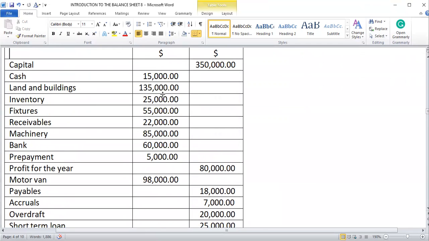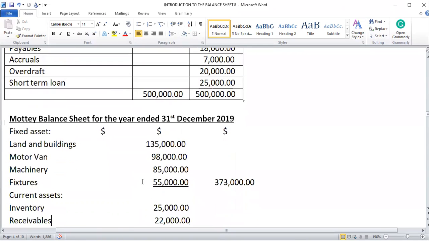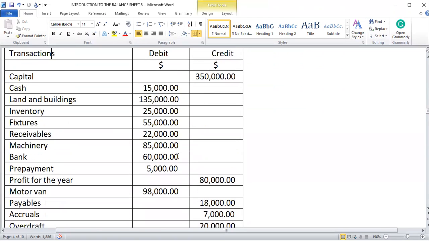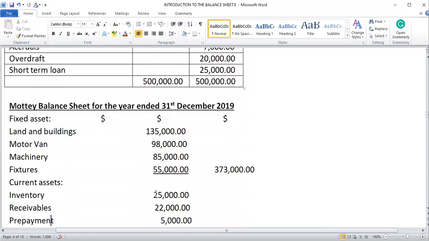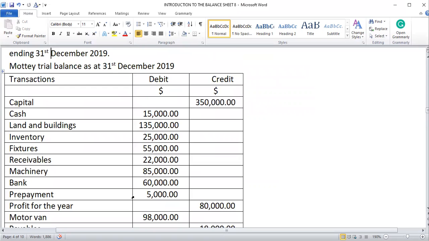There's the land and buildings, $135,000. Motorbike, $98,000. Machinery, $85,000.